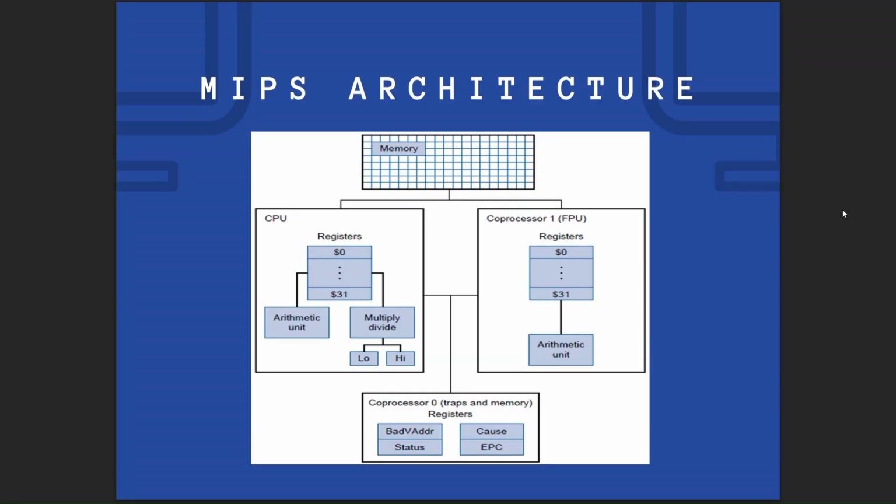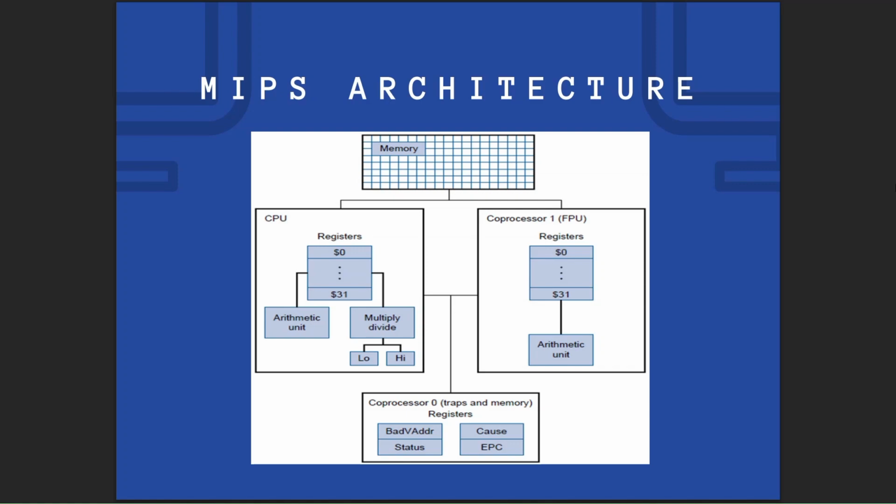The diagram also shows coprocessor 1, which is the floating point unit or FPU. It has its own set of 32 floating point registers and an arithmetic unit for handling floating point calculations. Finally, coprocessor 0 handles traps, exceptions, and memory management.